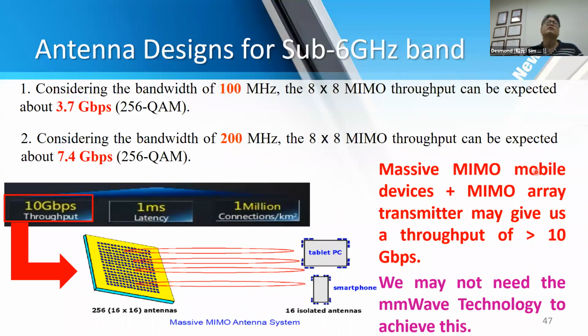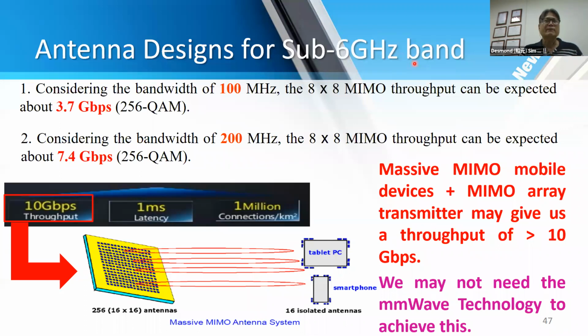Now, if you're considering a bandwidth of, for example, 100 megahertz, and I'm using an 8x8 MIMO, meaning that I have 8 antennas in my mobile phone in sub-6 and another 8 antennas in my base station, so it's known as 8x8.